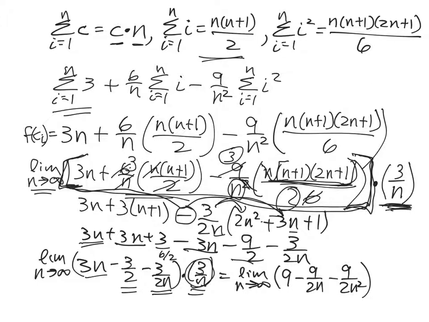Well, thankfully we're having n approach infinity, and with the n's in the denominators here and here, both of those terms will go to 0. So this limit equals 9.